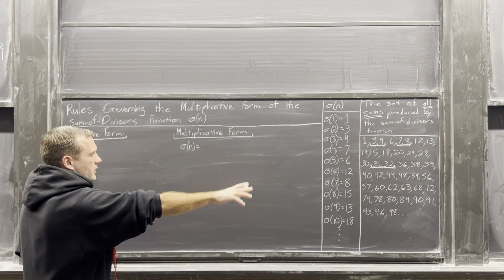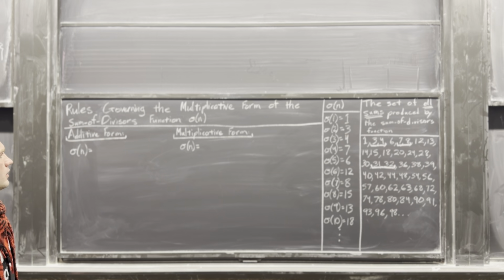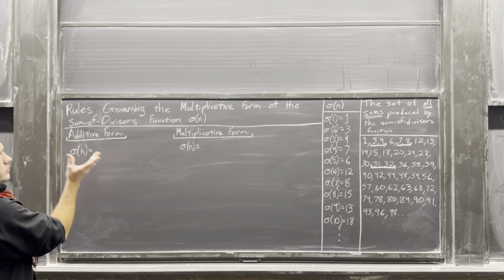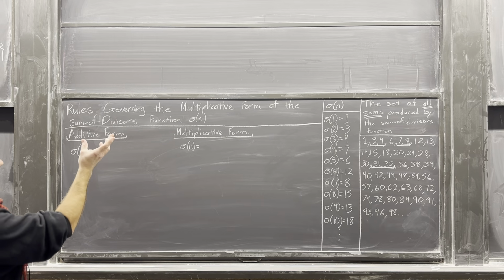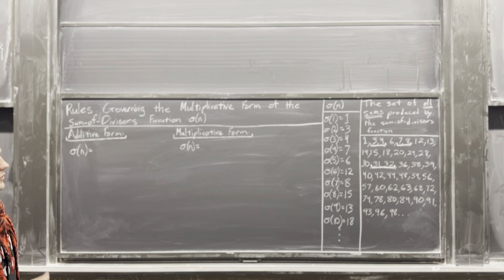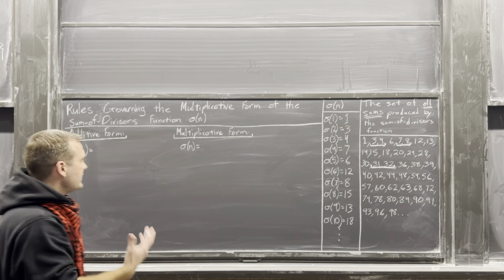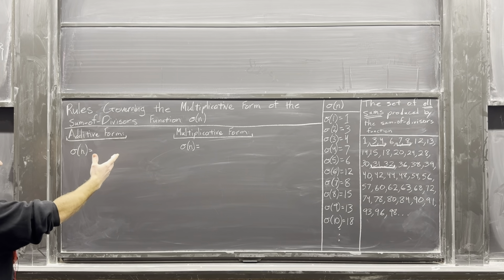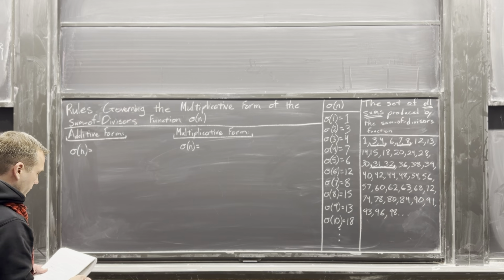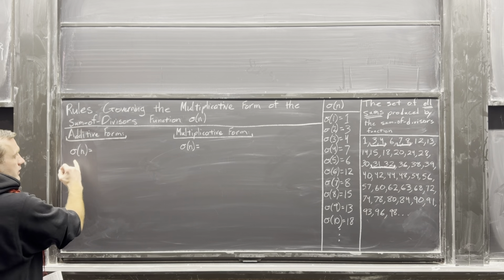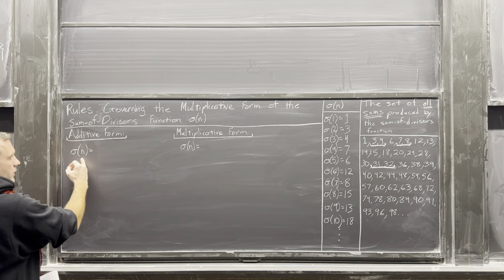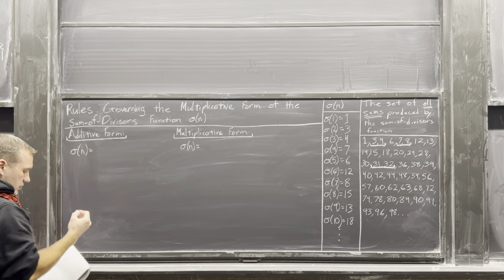And before I delve into that, let me go back to here for a second. We're going to talk about the two primary forms of the Sum-of-Divisors function. So the one that I've described and defined is the base definition, the additive form. And that is defined, mathematically, as the sigma of n, where n is a positive integer.